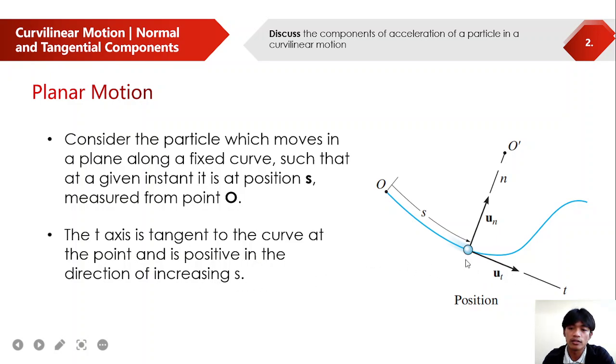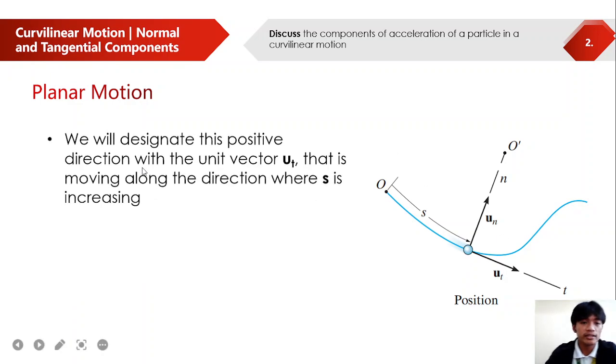So the positive direction of our tangent axis is along the direction of the path, or the s, or the movement of the particle along the path. Okay? We will designate this positive direction with the unit vector u sub t that is moving along the direction where s is increasing.